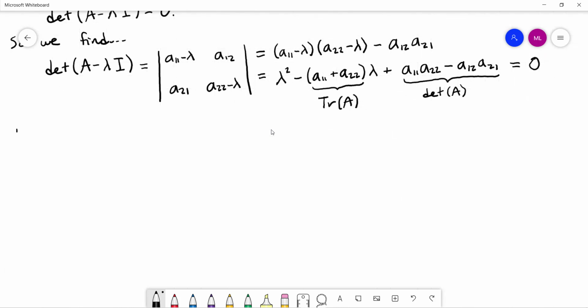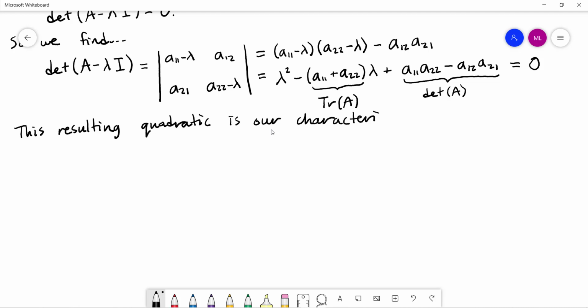So this resulting quadratic in this case, but it isn't always a quadratic if we have a higher order equation, this resulting term is our characteristic polynomial.